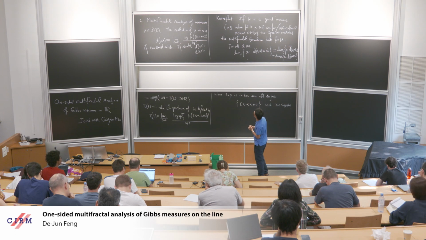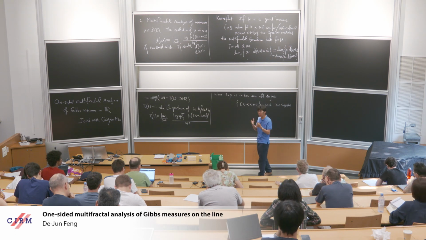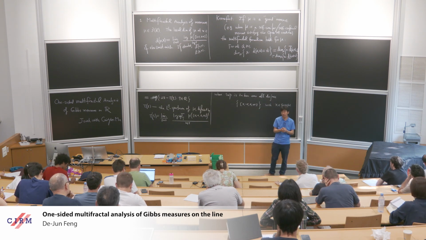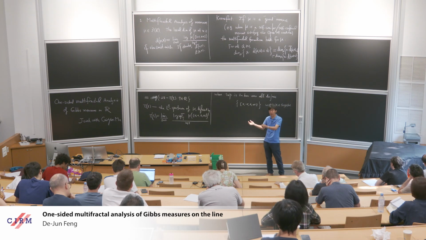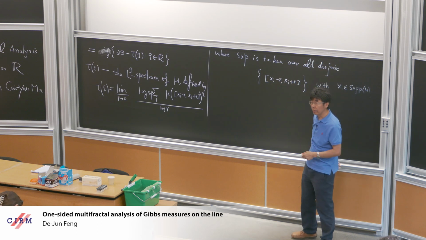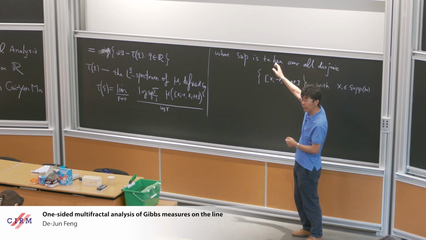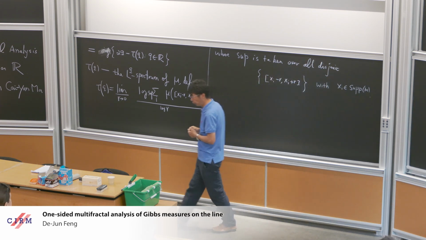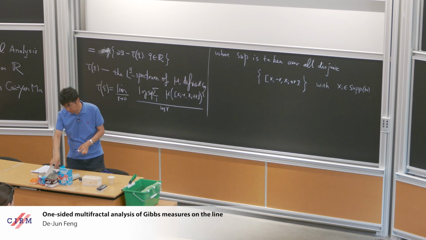If the level set is empty, we take the convention that the Hausdorff dimension of an empty set equals negative infinity. In that case, actually we can take alpha to be any number. Don't care about whether or not the level set is empty or not.